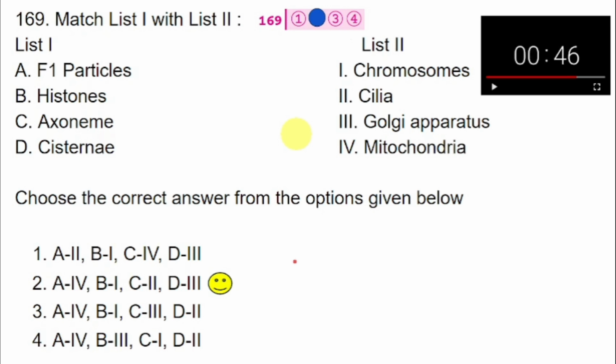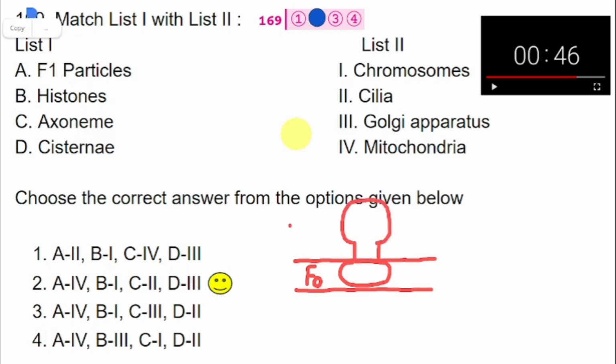So if you zoom into the inner mitochondrial membrane, it will have one structure which is in the membrane. Okay, this is called F0 subunit. Then there is a stalk, and then the outer unit which is called F1. So this part is the intermembrane space, and this is the mitochondrial matrix.